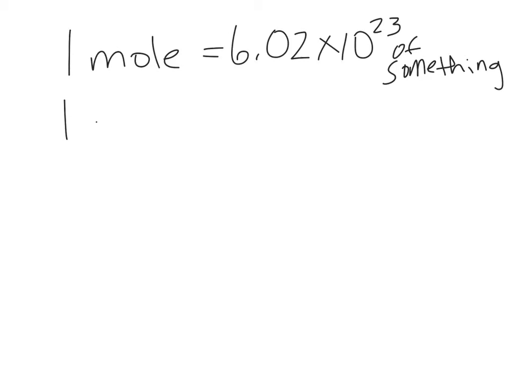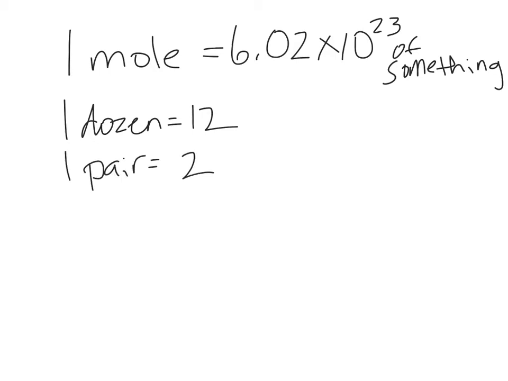Just like a dozen equals 12 of something, and a pair, we say, is 2 of something, a mole is 6.02 times 10 to the 23rd of something. Okay, so you could have a mole of donuts and you would have 6.02 times 10 to the 23rd, right? Remember, it's just a very huge number that is put in scientific notation so that we don't have to write out 21 zeros after that 2, okay?